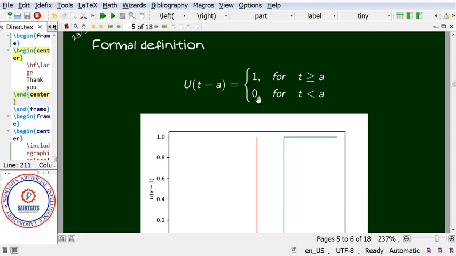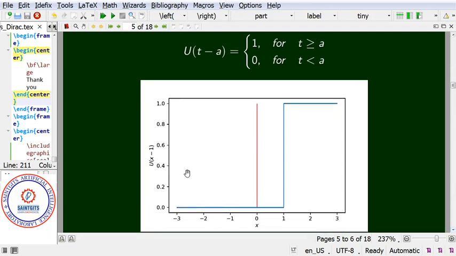If t is less than a, definitely t minus a is negative. In that case, it gives 0. That means whatever positive values we give to u, it gives plus 1 as response. If you put negative values in u, it gives 0. That's all. And here the value of t minus a is positive or negative depending on this a, and so this a is called the threshold.